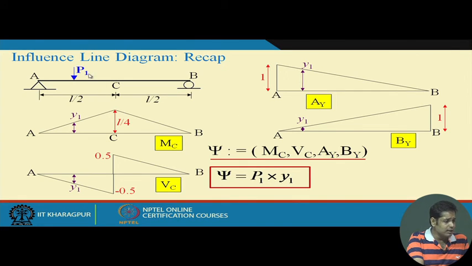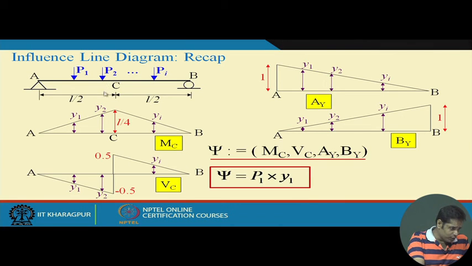Now suppose it is not just one load. Suppose we have two loads or three loads, or say n loads. It is a series of loads. Then we have to find the corresponding ordinates for P2, then P3, and then the corresponding ordinate for the ith load. Then what will be the reactions or moment at C?